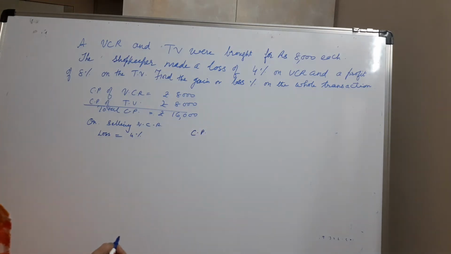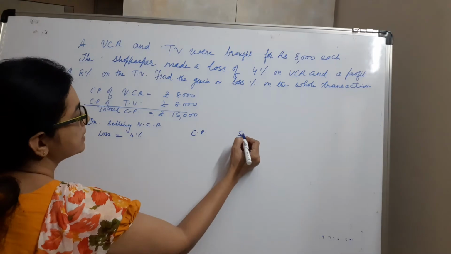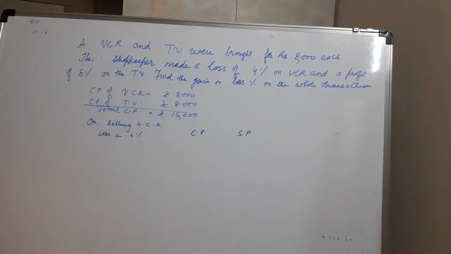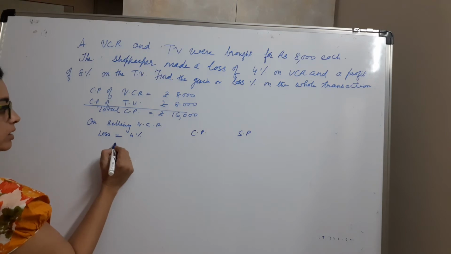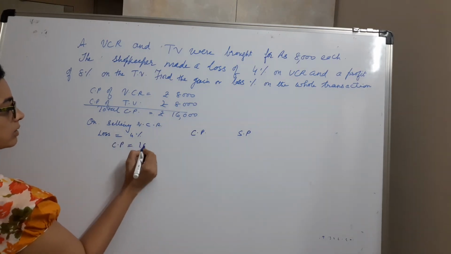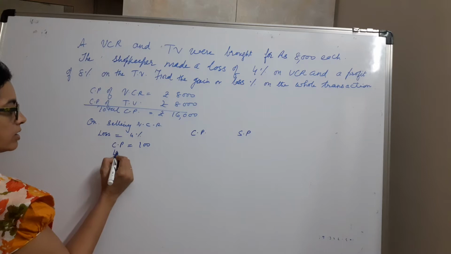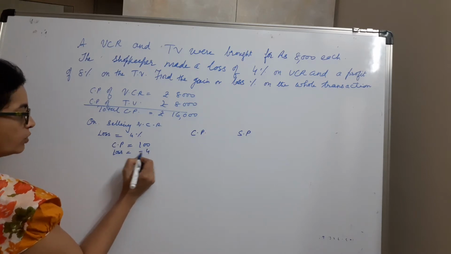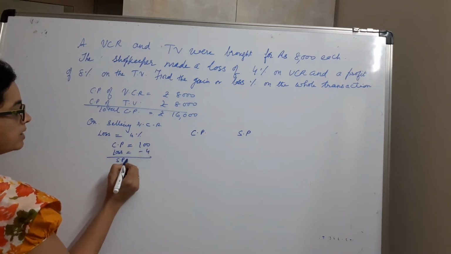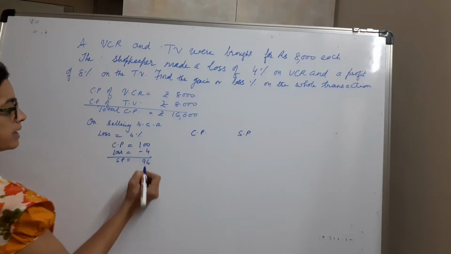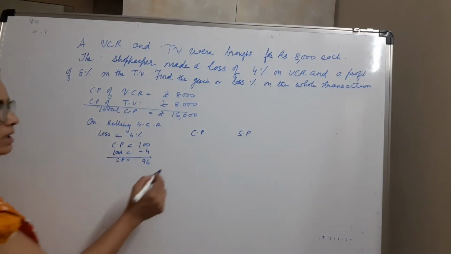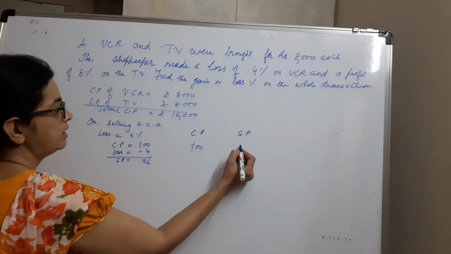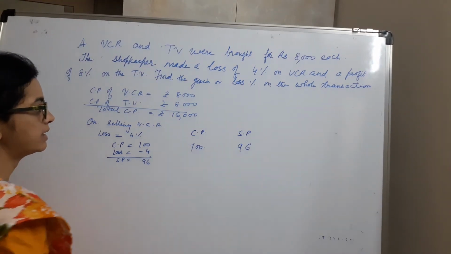CP, SP. Loss is 4%. If CP is 100, then loss is minus 4. Therefore SP is equal to 96. That means with a 4% loss, if CP is 100, then SP is 96.